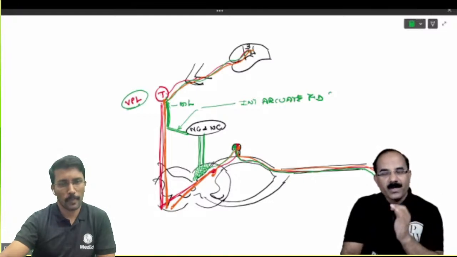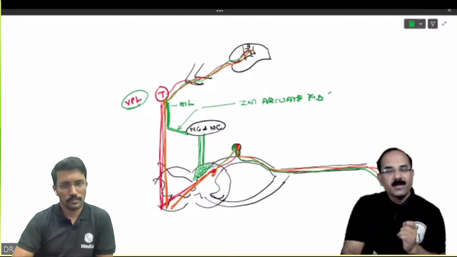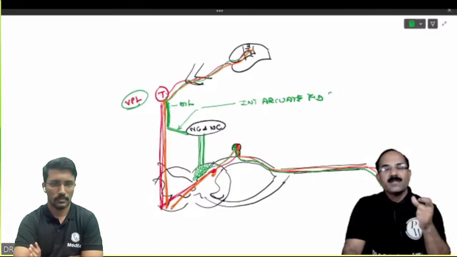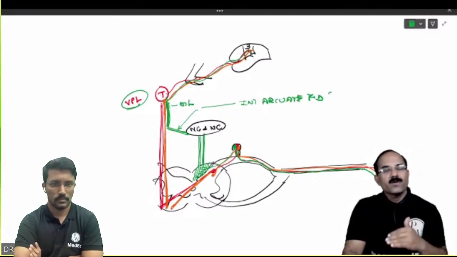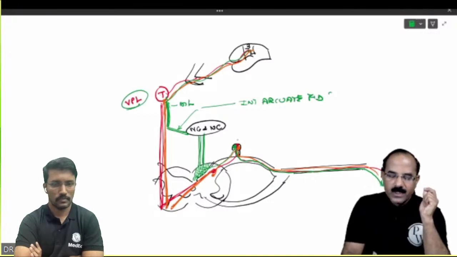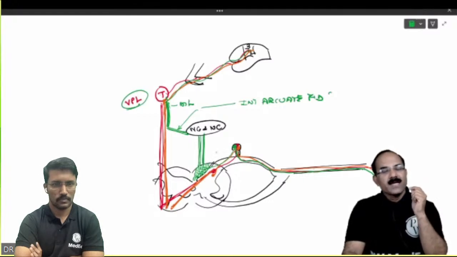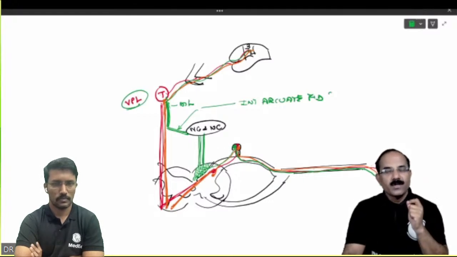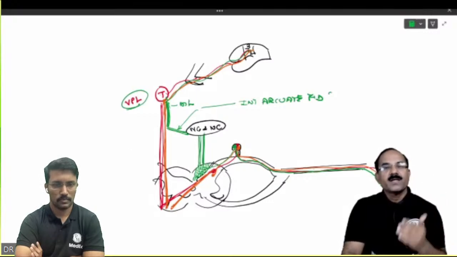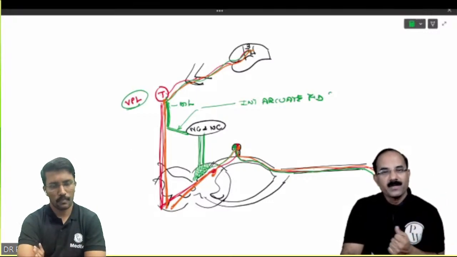They reach the medulla, and through the inferior cerebellar peduncle, they enter the cerebellum. Again, the first order neuron is in the dorsal root ganglion, the second order neuron is in the Clark's column, and the fibers ascend and enter the cerebellum through the inferior cerebellar peduncle.